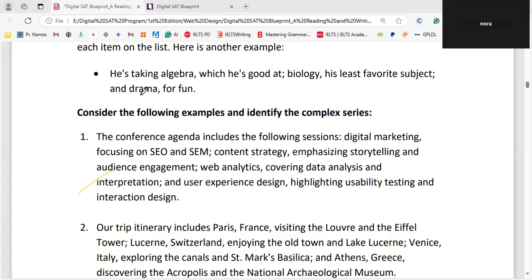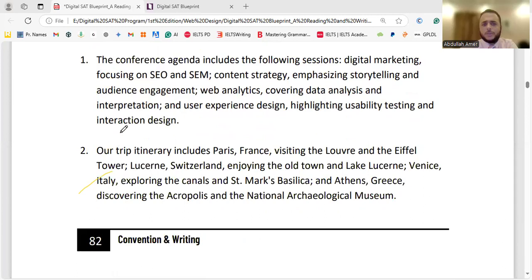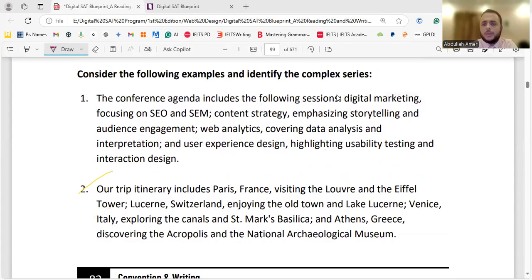Oh, yes, please. Okay, look at these two examples. The conference agenda includes the following sessions. And here we have colons: digital marketing, focusing on SEO and SEM; content strategy, emphasizing storytelling and audience engagement; web analytics, covering data analysis and interpretation; and user experience.